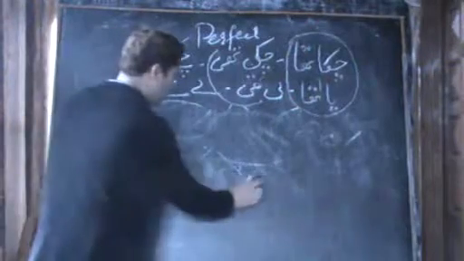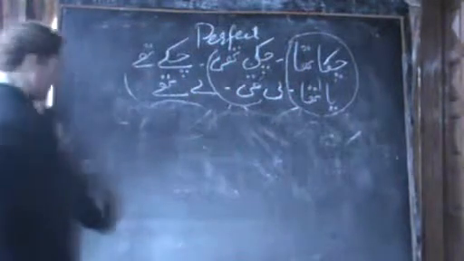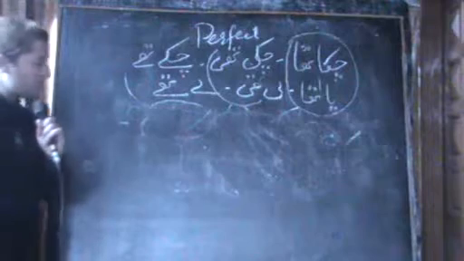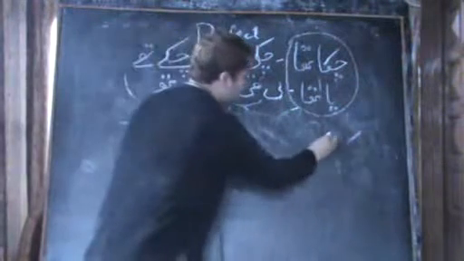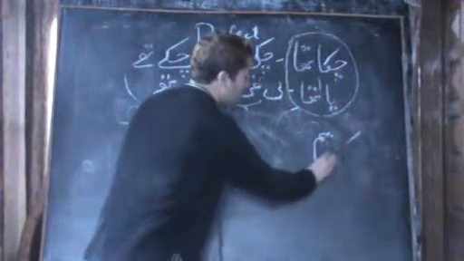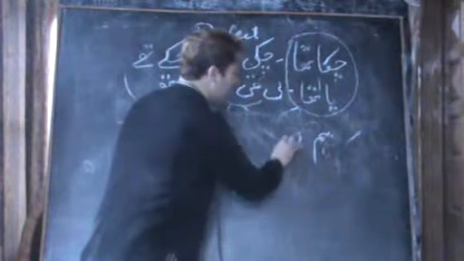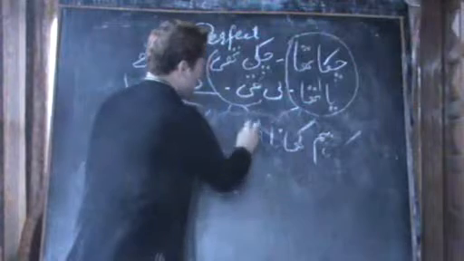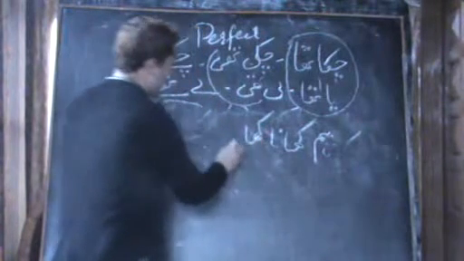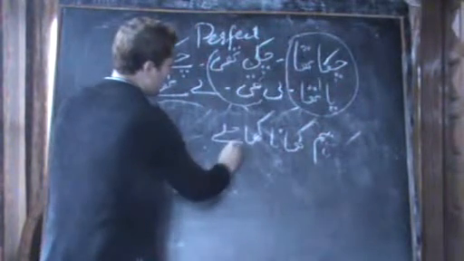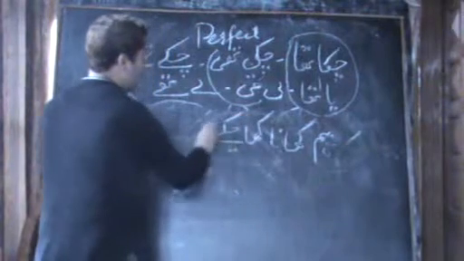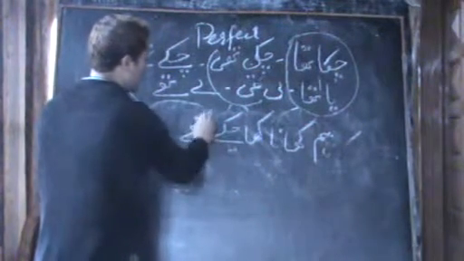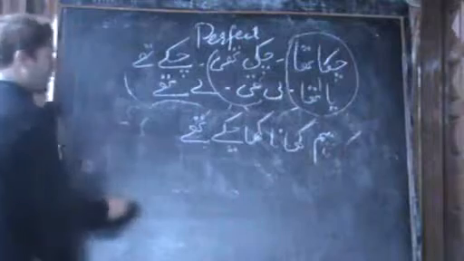So the helping verb will be same and the same pattern, but only the subjects would change. Instead of this, I will write hum khana kha chuke the. So we'll first translate the subject.